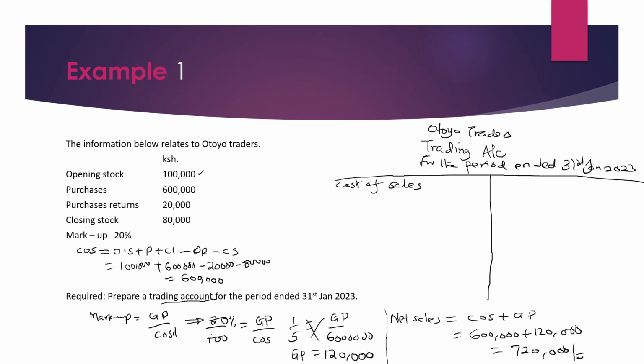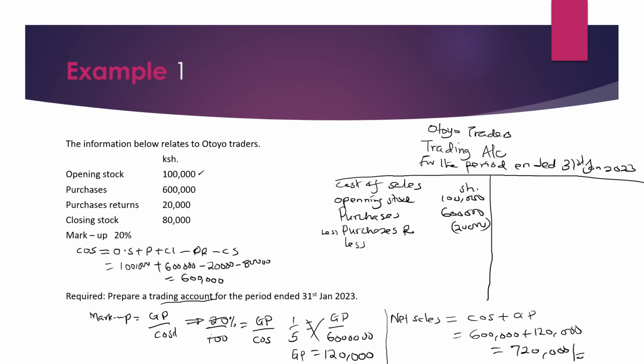How do we get the cost of sales? Just from the formula, we have the opening stock, which we have as 100,000. All of these are in shillings. Purchases, we have 600,000. We are subtracting purchases returns of 20,000.